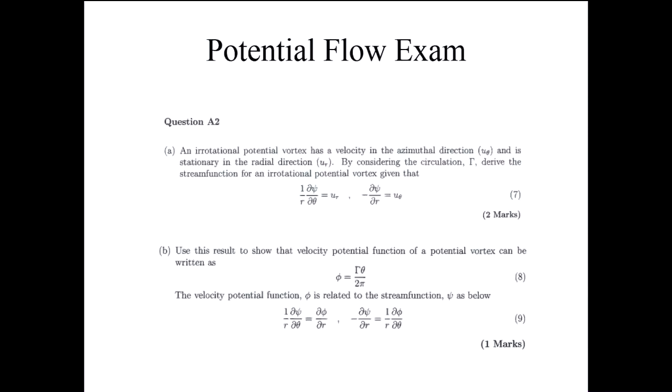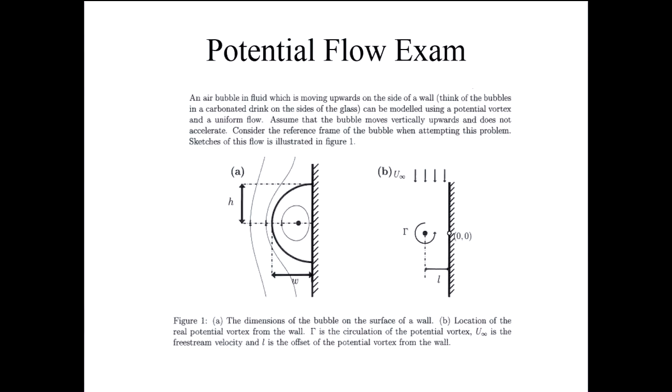That's question 1. For question 2, you have some basic flows and show the relationship between velocity and the stream functions. Although it seems to be a difficult question as a whole, we always break it down into small parts and use these baby steps to guide you through them, so just don't panic.